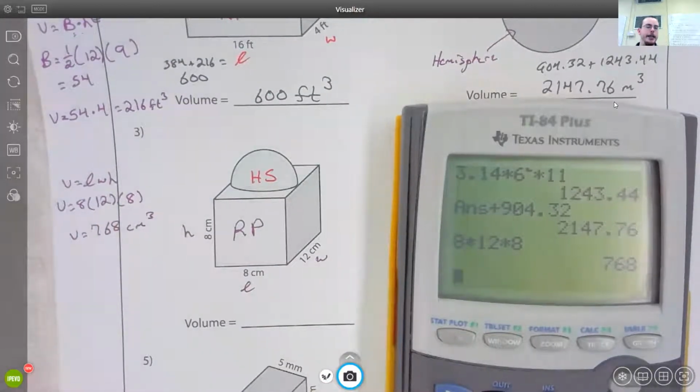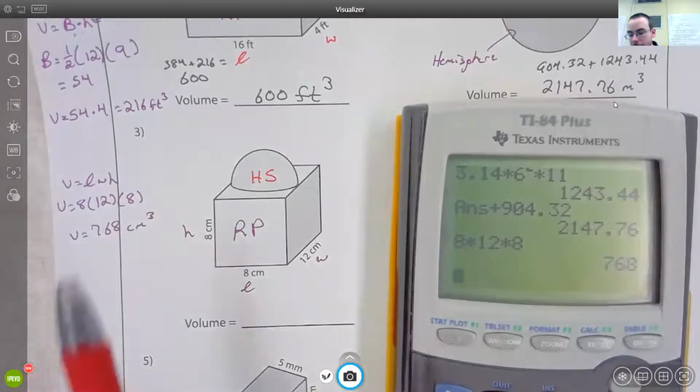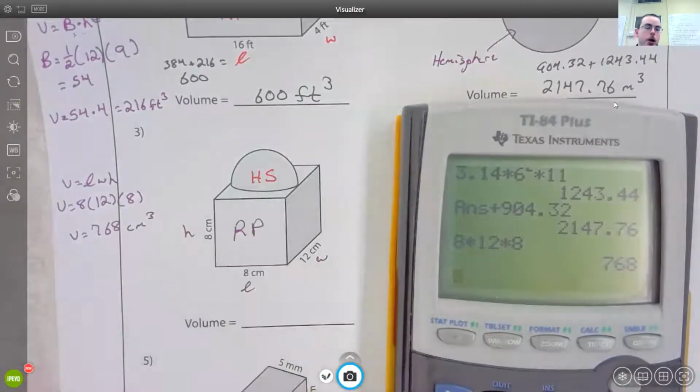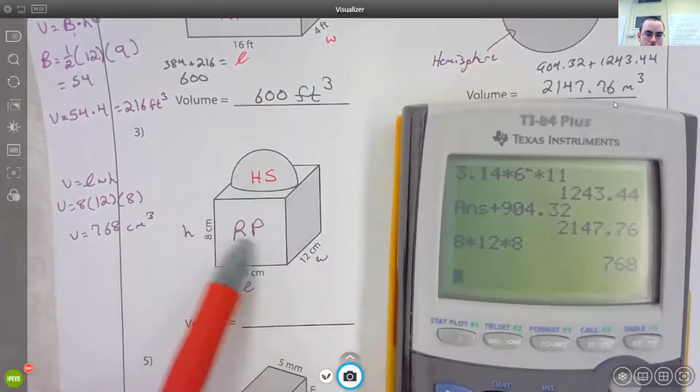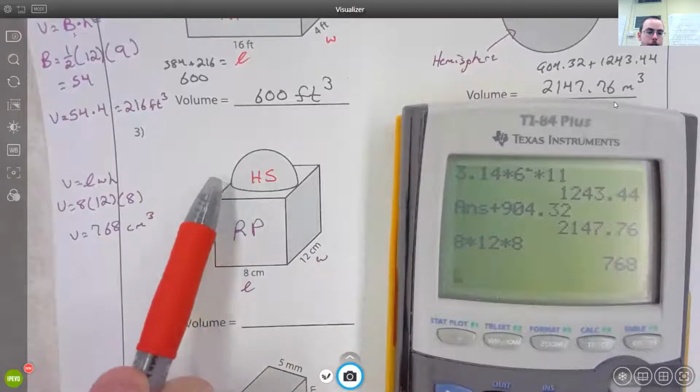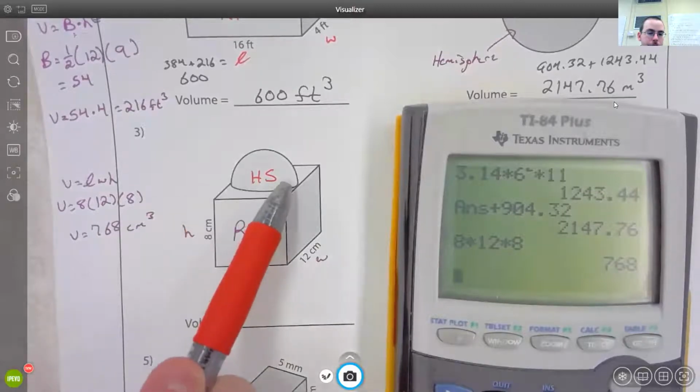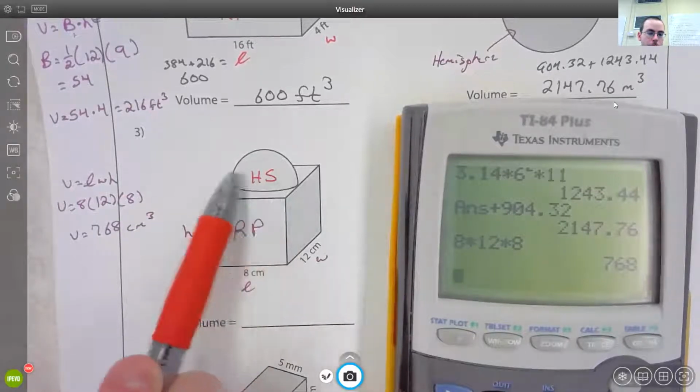Now we need to find the volume of the hemisphere. Well, we only have one of them this time, so we still need to determine what the volume of a sphere is. To find the volume of a sphere, we need to have the radius of the sphere. If you'll notice here, this hemisphere is laying on top of this rectangular prism. And you see this edge right here to this edge right here is straight across here.